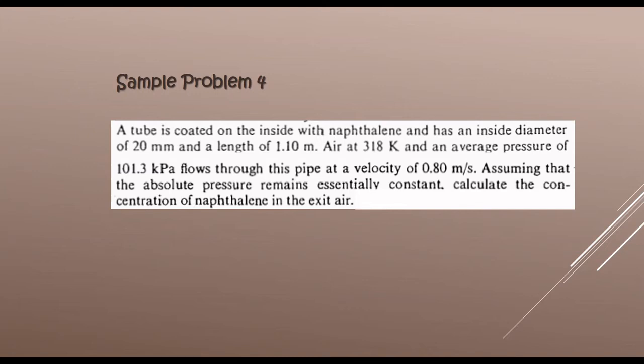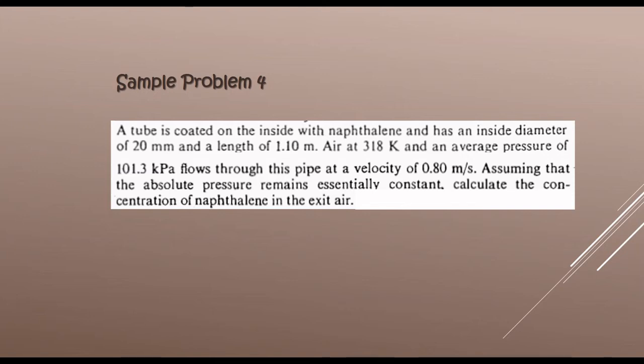Air at 318 Kelvin and an average pressure of 101.3 kPa flows through this pipe at a velocity of 0.80 meters per second. Assuming that the absolute pressure remains essentially constant, calculate the concentration of naphthalene in the exit air.